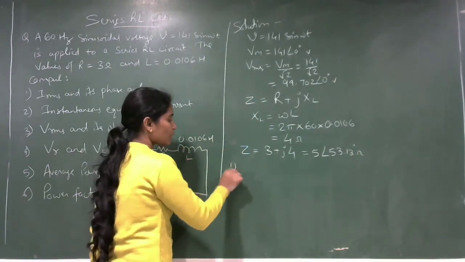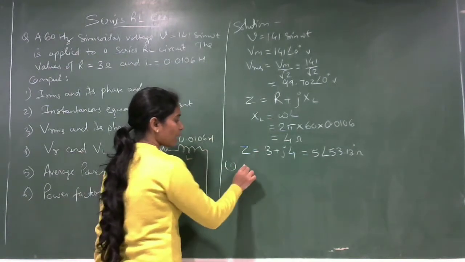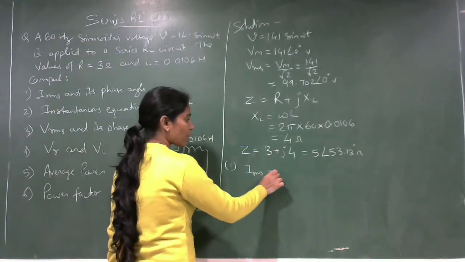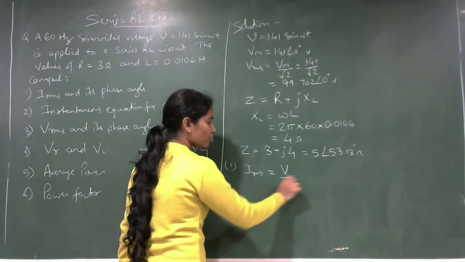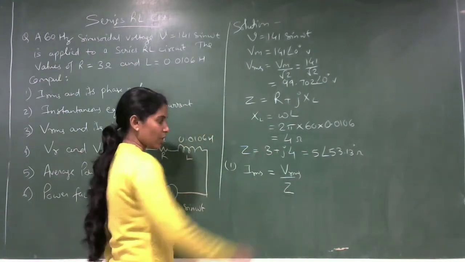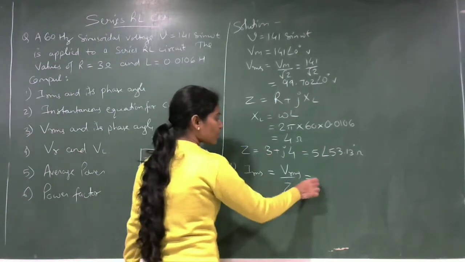Now we can start with the first bit solution, that is the calculation of IRMS. The RMS current we have to find. For RMS current, what will be the formula? That is V by Z, and V should be the RMS voltage. When you put the RMS voltage, only then do you get the RMS current. So what is my RMS voltage?